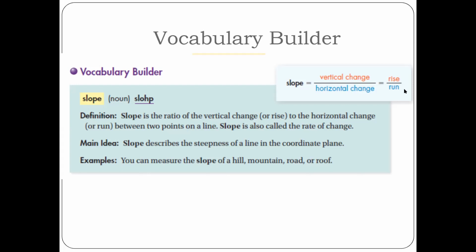We need to keep our rise and run numbers in a fraction form, because that's helpful when we start graphing. The top number tells us how far up and down to go. The bottom number tells us how far left and right. And we start at the y-intercept. So it's all about steepness.